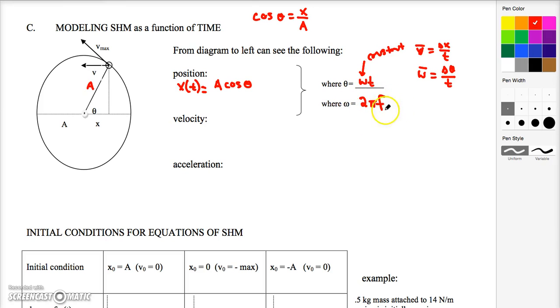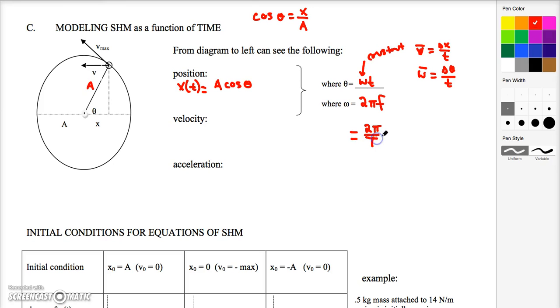So really we have angular velocity, but in this case of something going around in a circle, what we typically call it is angular frequency. We'll talk more about the differences between the two, but for our purposes right now, they are essentially the same. I could also write this as 2π over T, since frequency and period are inversely related.